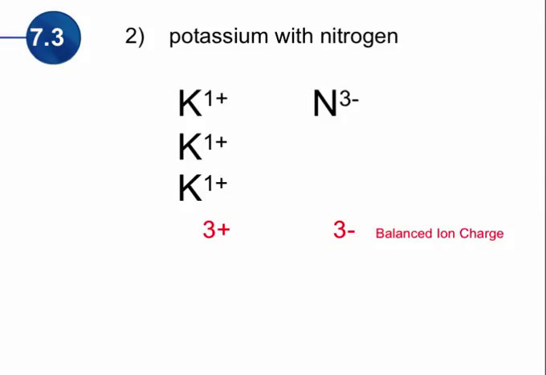What happens here is the balanced ion charge. Now we just count how many potassium we have and how many nitrogen we have. We have 3 of the K's, so we put a subscript 3. We have 1 nitrogen. We don't write the 1 in, but we can assume that it's there, and there's our formula, K3N.